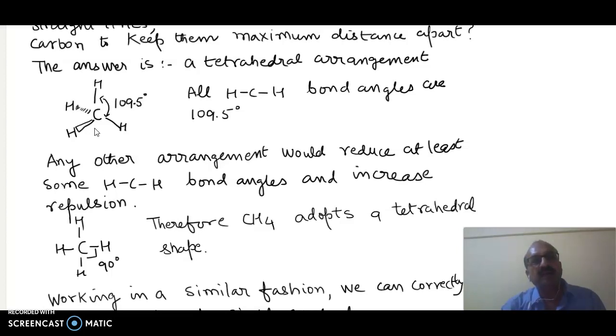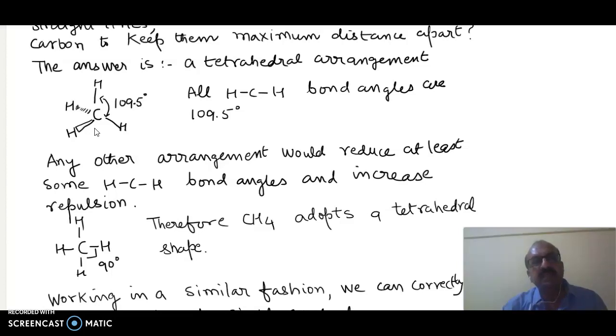You cannot have a better arrangement in which the bonds around carbon are farther from one another than the tetrahedral arrangement, which means that this is going to be the most stable arrangement of the hydrogen atoms around carbon.